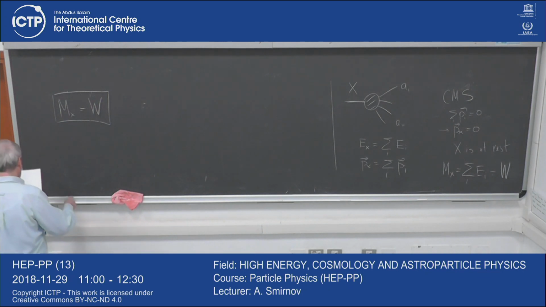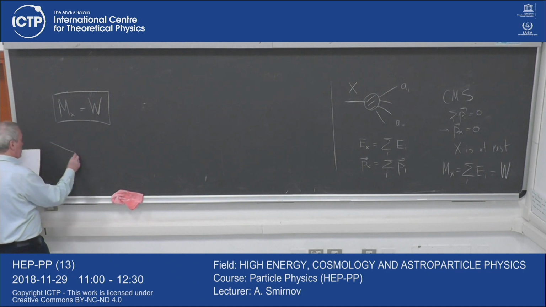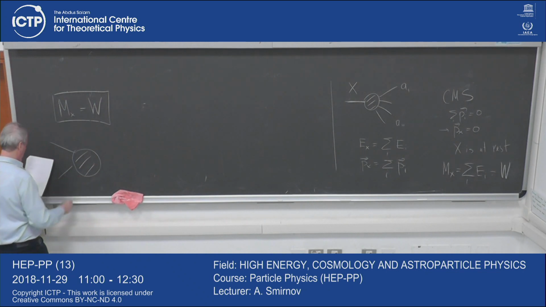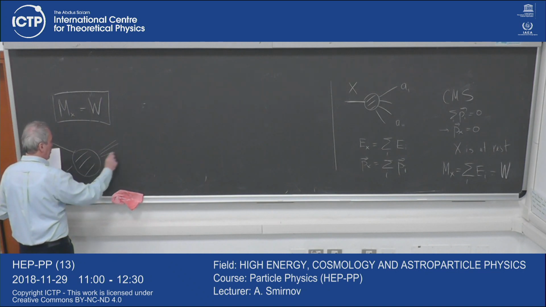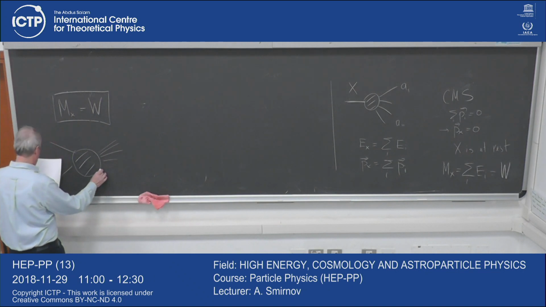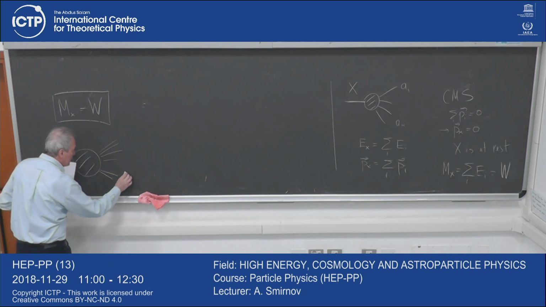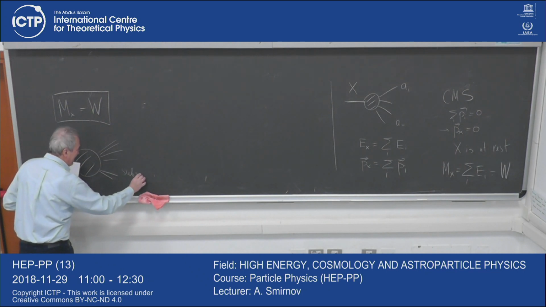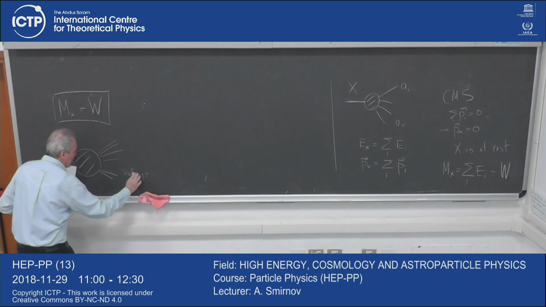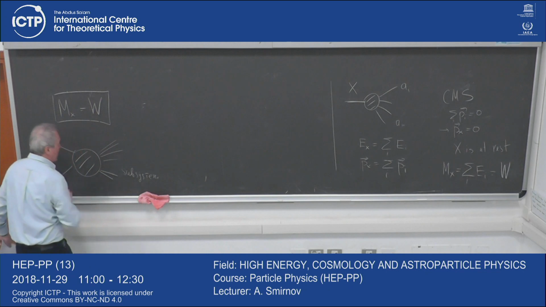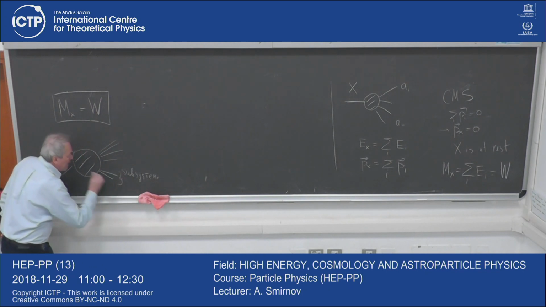The usual situation is like this. You have an interaction, say, of some particles in the initial state. Then you have a number of particles in the final state. And among these particles, you may consider a subsystem.